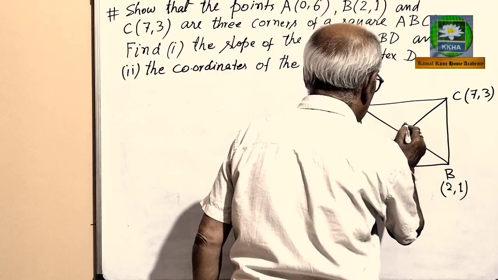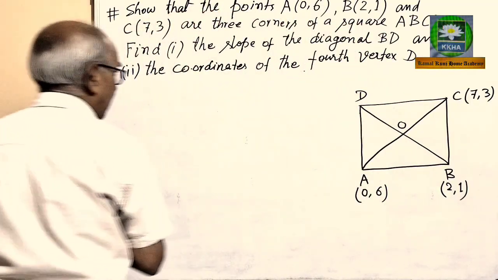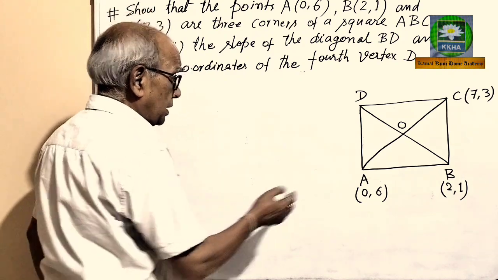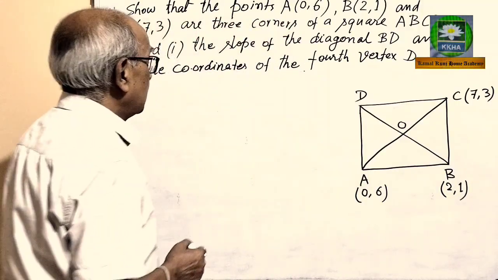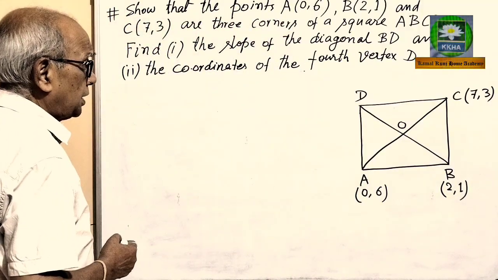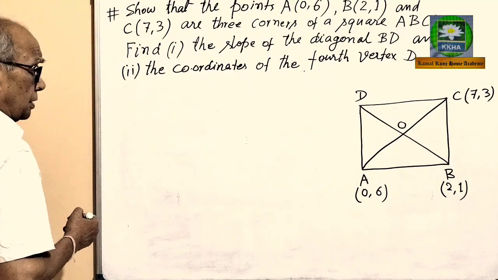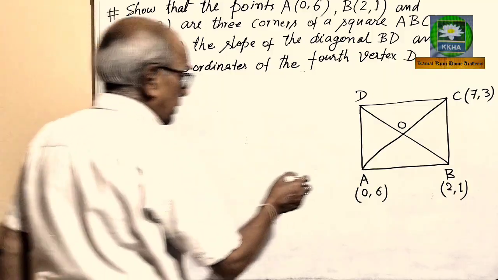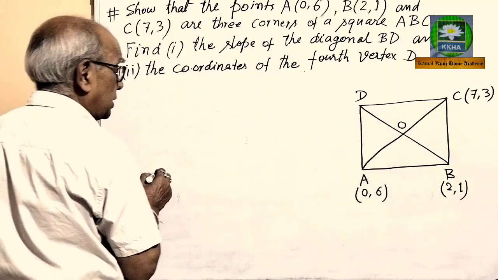Let O be the point of intersection of the diagonals. Now we have to prove that points A, B, C are three corners of square ABCD. Let us find the lengths of line segments AB, BC and AC using the distance formula.